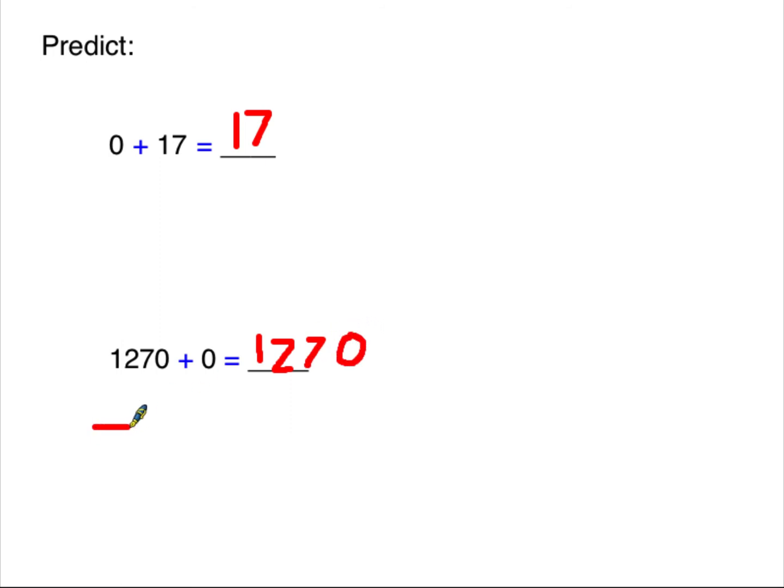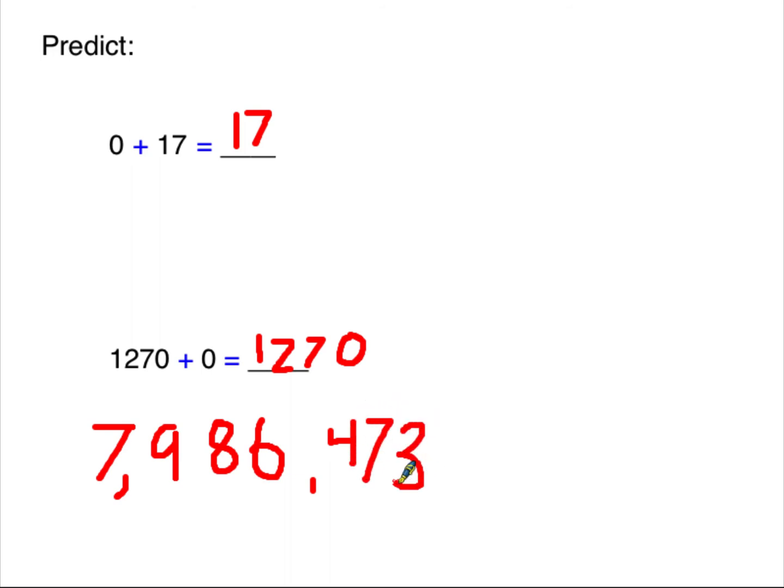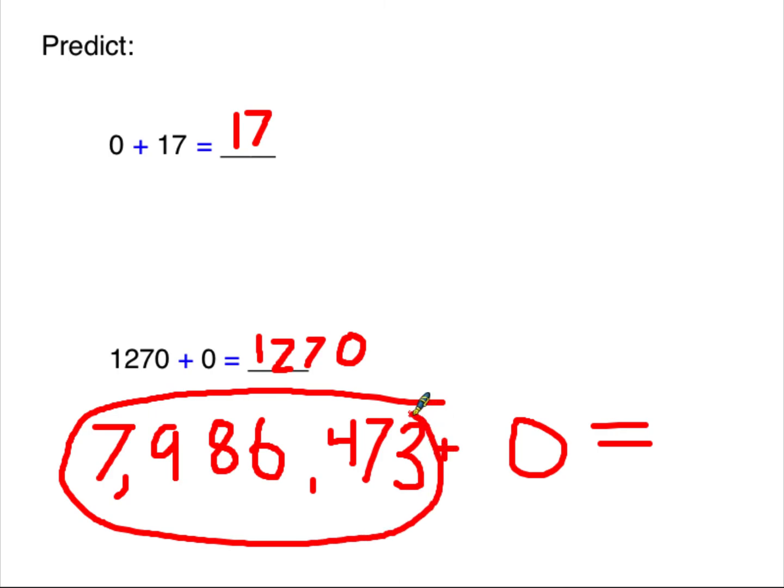And 7,986,473 plus 0 equals, I don't want to write it again, 7,986,473. Because this number will always stay the same if you just add 0.